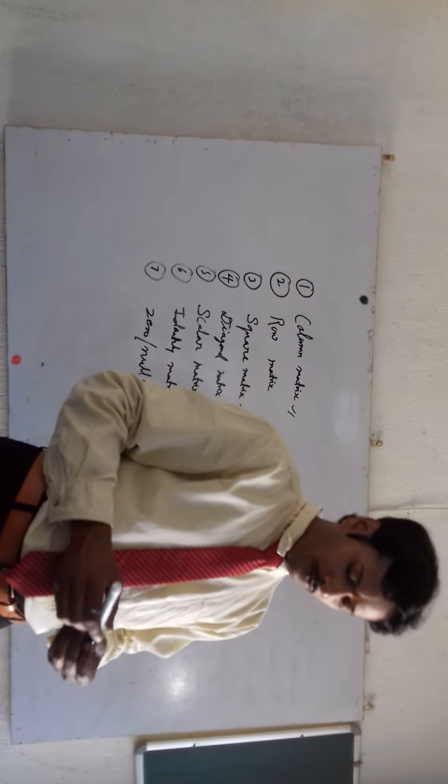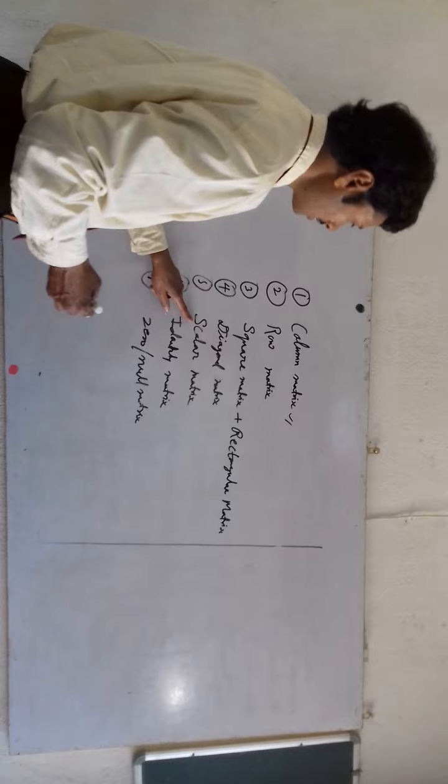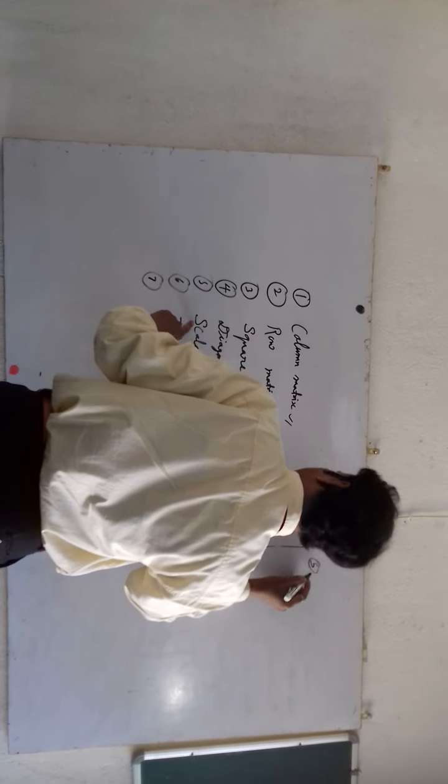And the fifth kind of matrix is the scalar matrix.